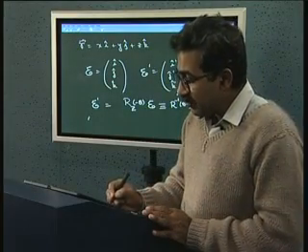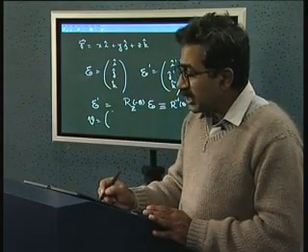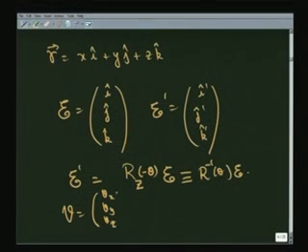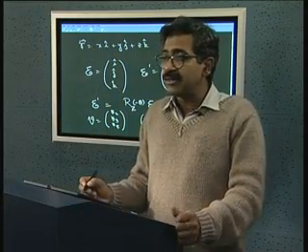So, give me a quantity V in terms of three quantities, Vx, Vy, Vz. If you want, you can imagine them to be the components of the velocity vector. These transform exactly like the components x, y, z of my position vector. Therefore, we say the velocity is also a vector. Similarly, acceleration is a vector, force is a vector, angular momentum is a vector.